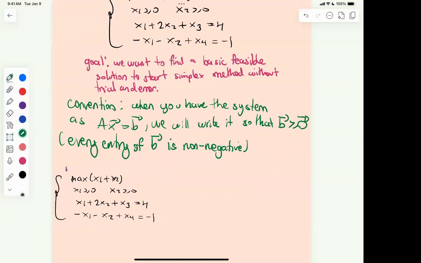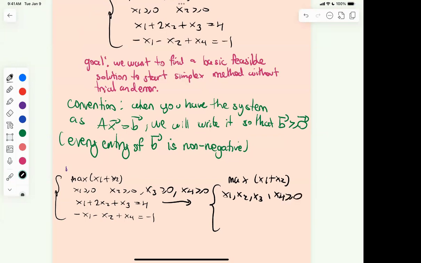Oh, sorry. I should have added, in this case, that x3 and x4 should be greater or equal to 0 as well. I forgot about that part. So we're finding the max of x1 plus x2, where x1, x2, x3, x4 are all greater or equal to 0. And then x1 plus 2x2 plus x3 equals 4.